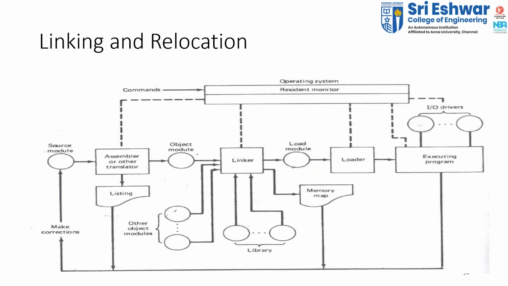Another one is the loader. I load the program into the microprocessor, and here we have the executing program. It gives me the output, and it is connected to my input or output drivers, that is, peripheral devices.